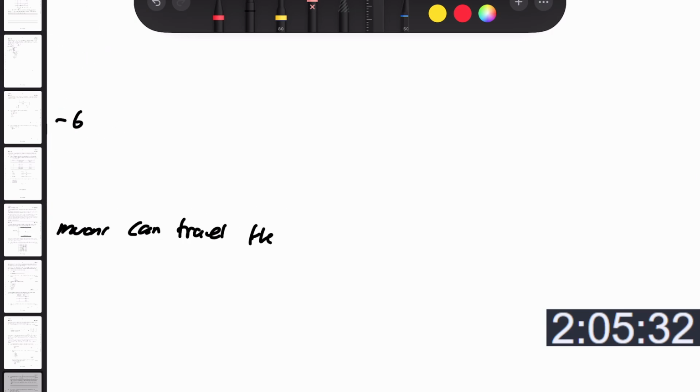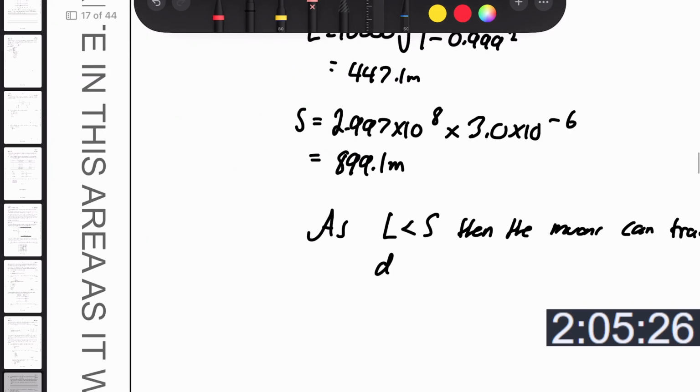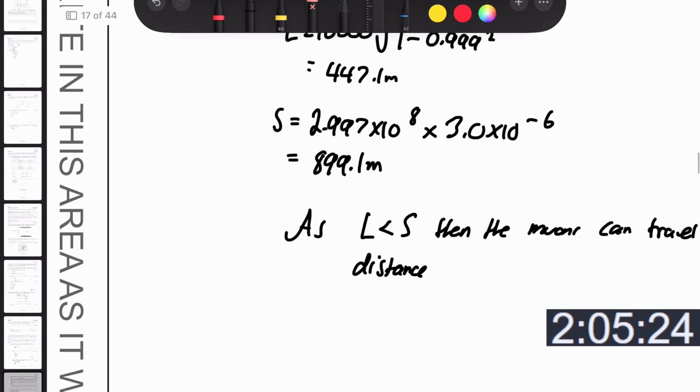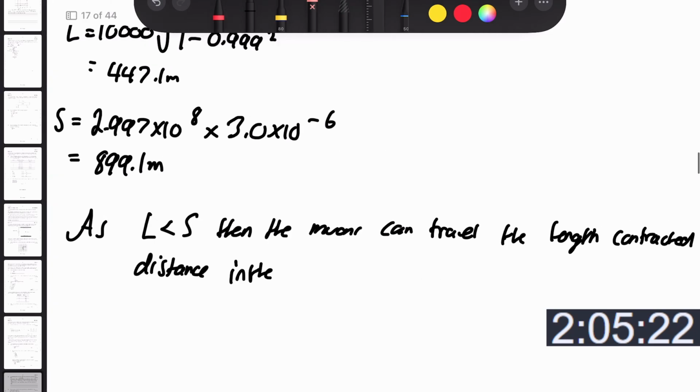The length contracted distance in the proper time lifetime.